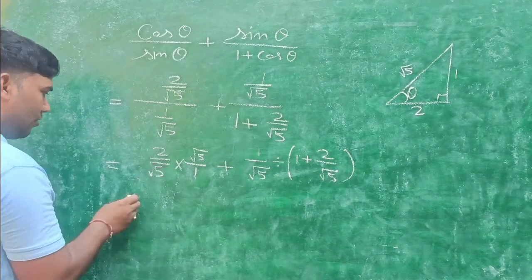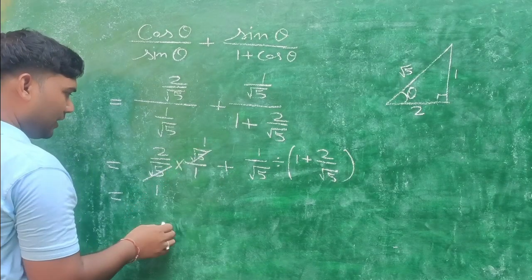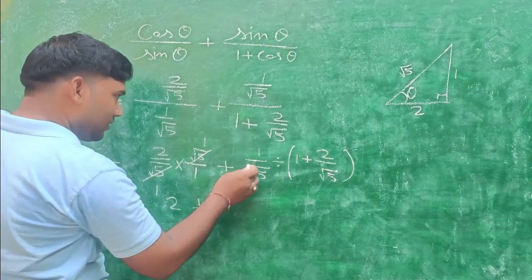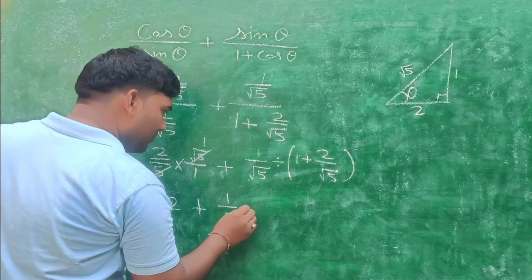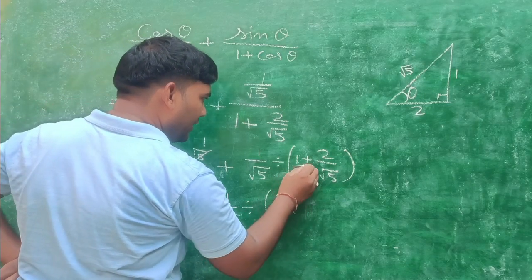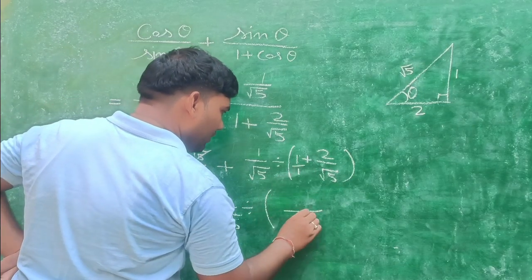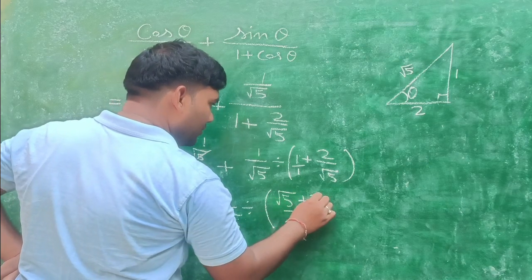Okay, now look here, this root 5 will cut by this root 5. So here will be 2 plus, this is 1 by root 5 and divided by, and this will be also, you can write here 1, and LCM will be root 5. So here is root 5 plus 2.